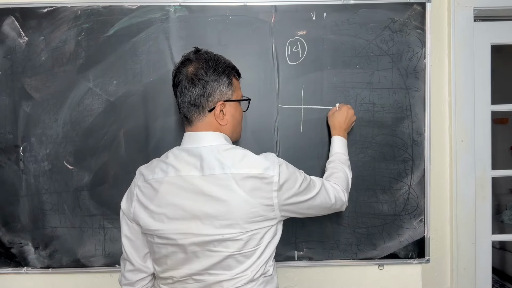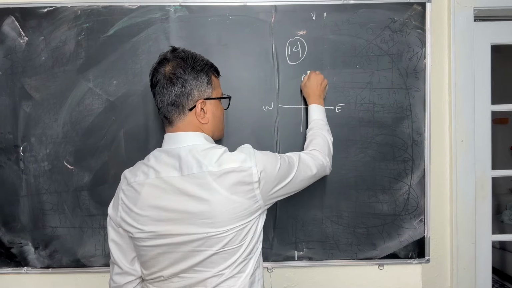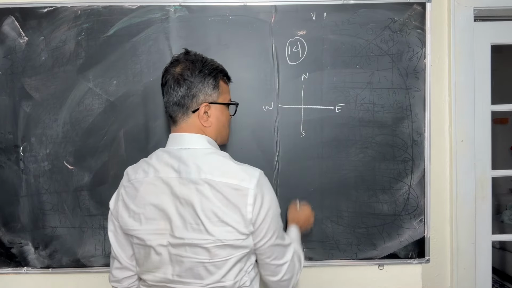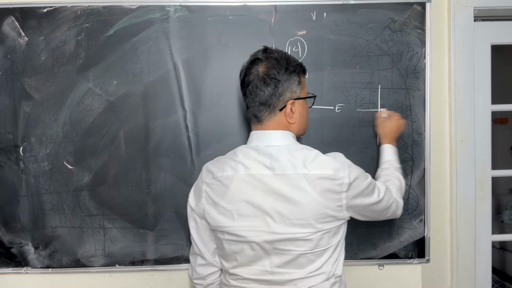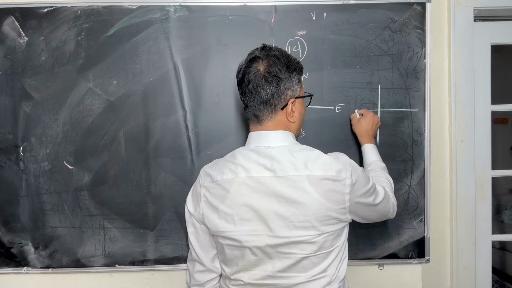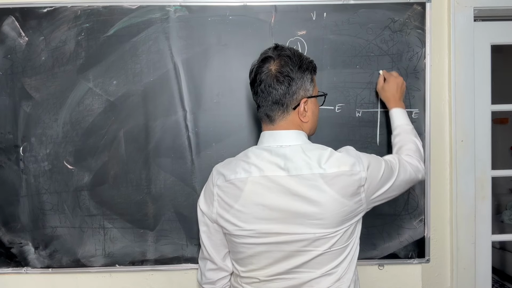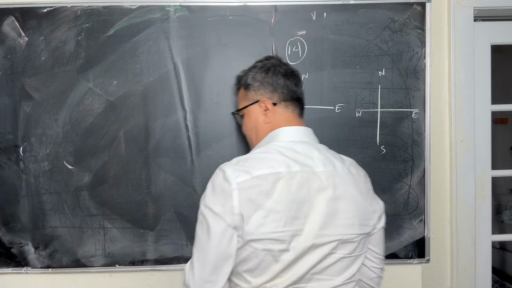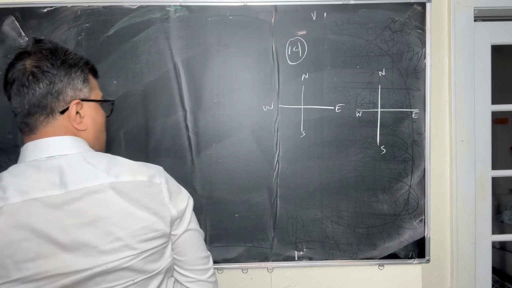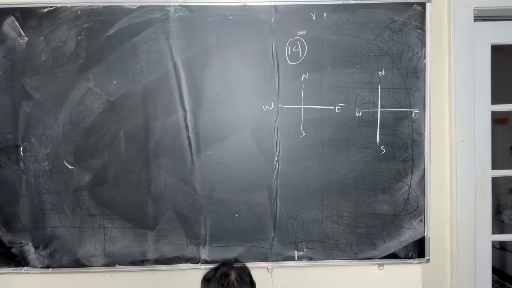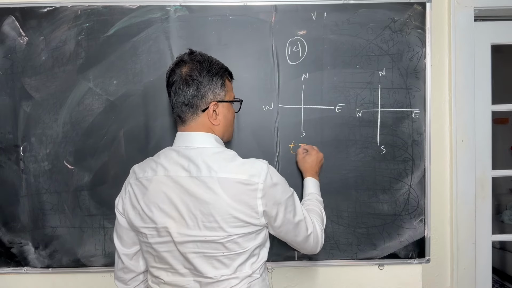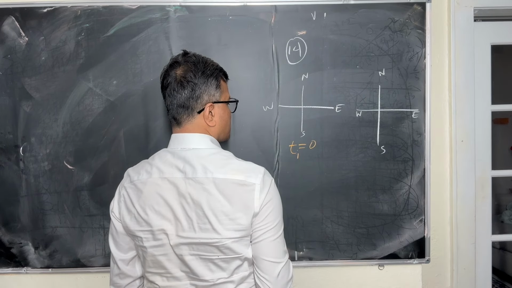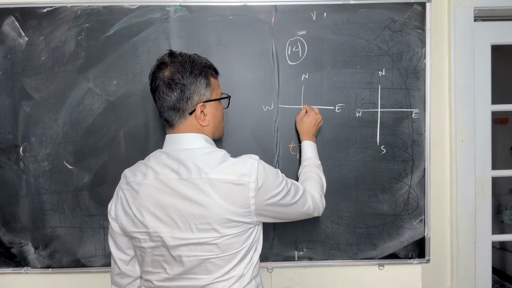I give you the east, west, north, and south. This is scenario 1, and this is scenario 2. West, east, north, south. Vector A in diagram 1 at time 0, the initial time, looks like this.